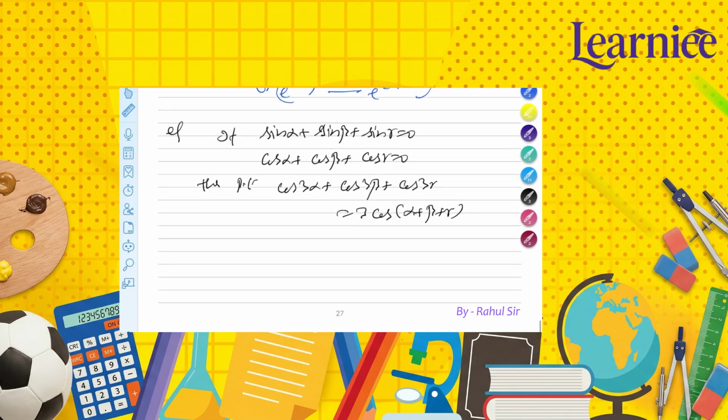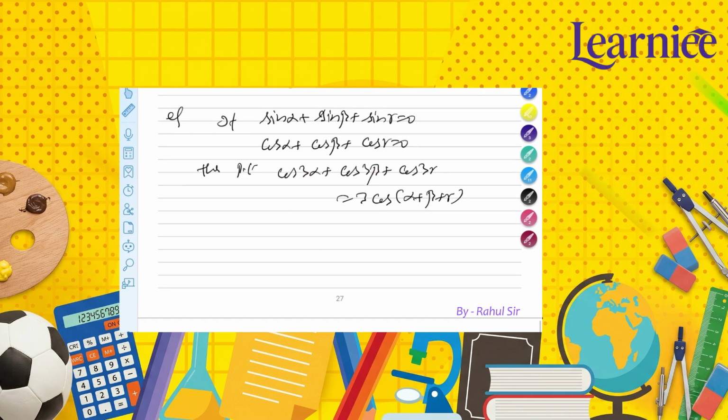For proving this one, I already discussed that the Euler form is a powerful tool to prove or solve any trigonometric identity. These are some trigonometric identities. How can we prove them? Since sin alpha and cos alpha are involved, we can start with x equal to e to the power i alpha, that is cos alpha plus i sin alpha.